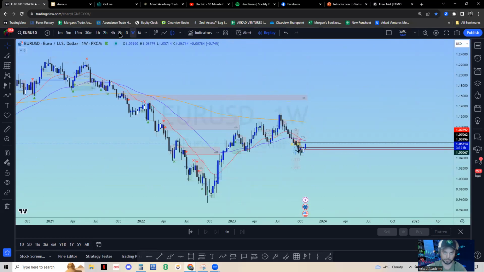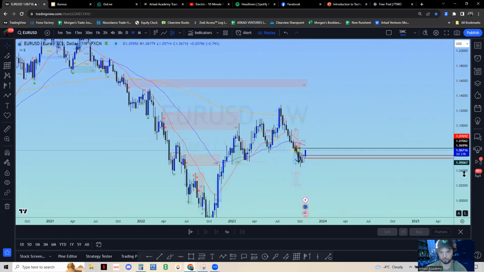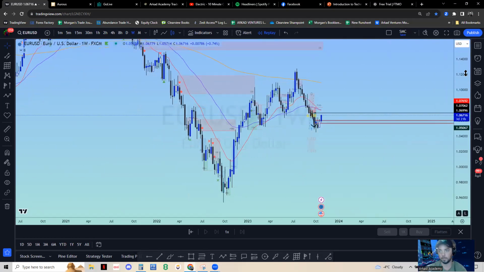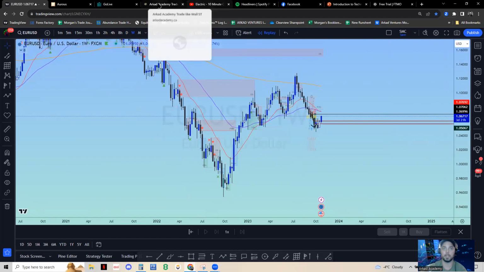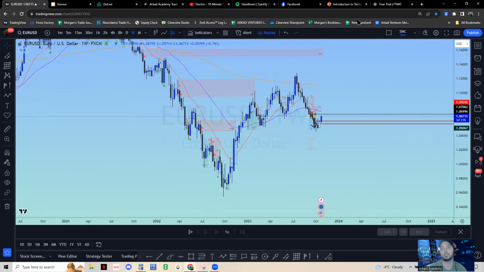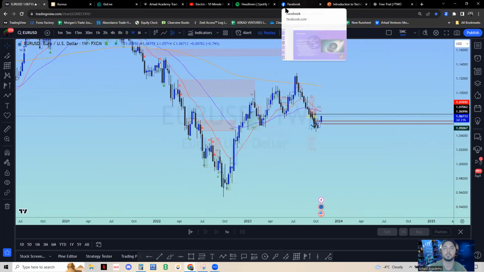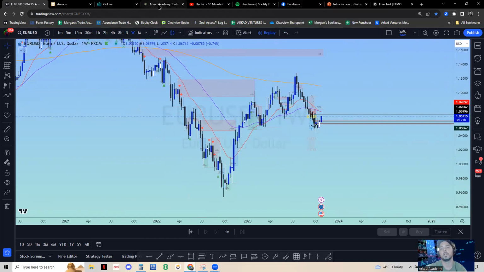Whether you're scalping depends on how you want to trade. I've been in and out of trades in five minutes making 3%, or I've held trades for days, moving my stop loss into profit and just trailing it. That's another thing you can do when you're trading.